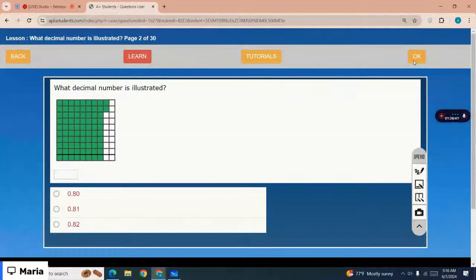Out of 100, 82 of them are colored. So which is the correct option? The correct option is 0.82. Option number 3 is the correct option.